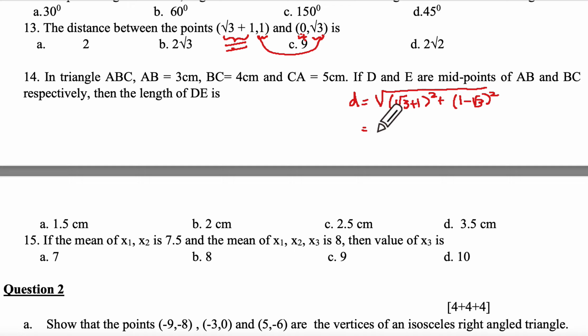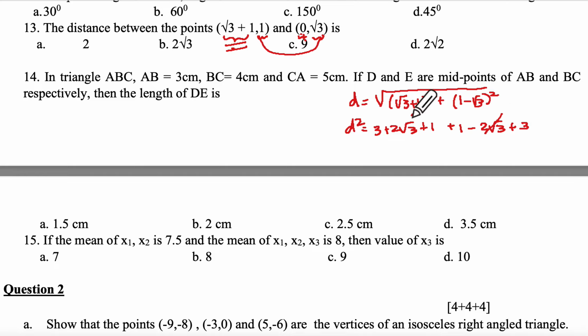Getting me? So d square will be equal to, here if I take the square, 3 plus 2 root 3 plus 1, plus here it will be 1 minus 2 root 3 plus 3.